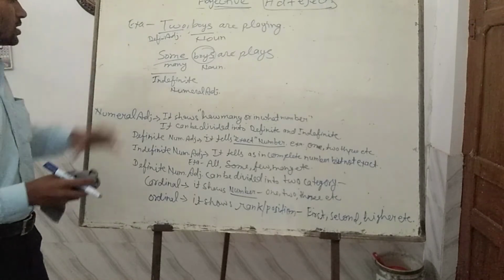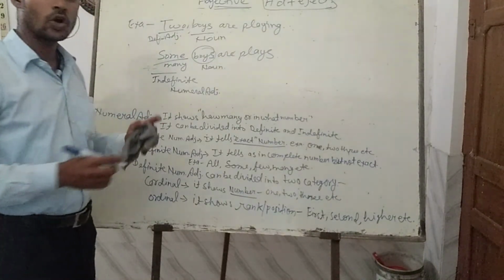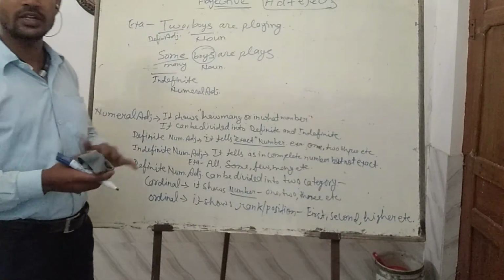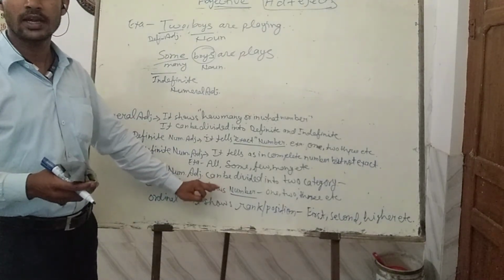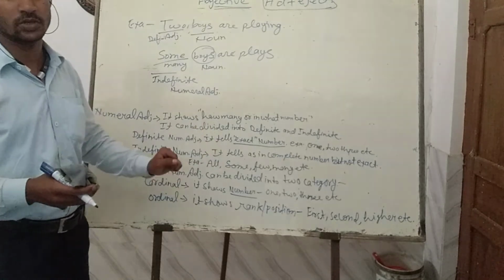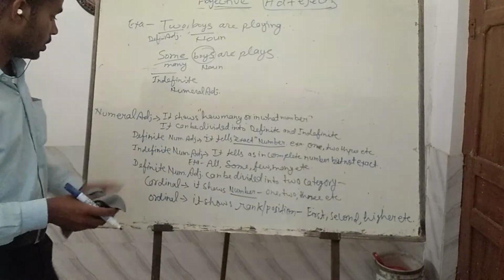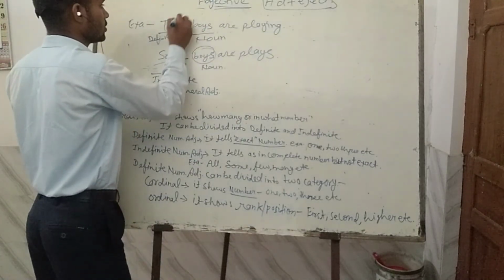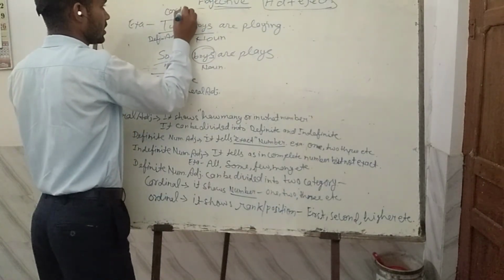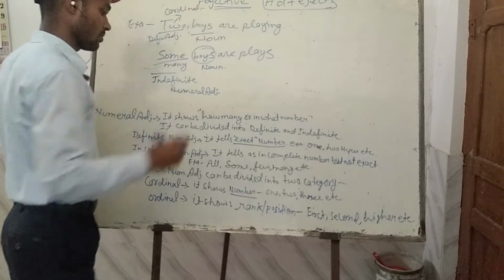And now example of cardinal and ordinal. Cardinal and ordinal both come under the category of definite numeral adjective. Cardinal number, here 2 boys, the word 2 is cardinal, that is it is telling the exact number.